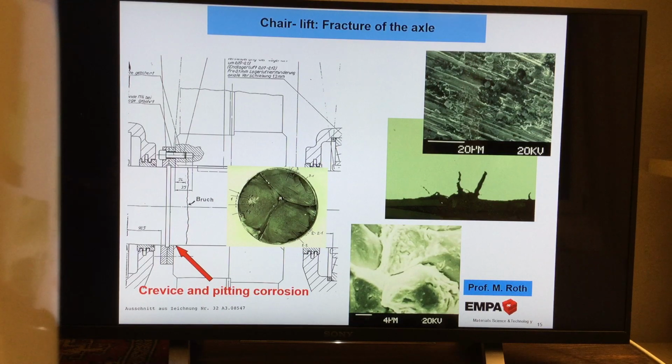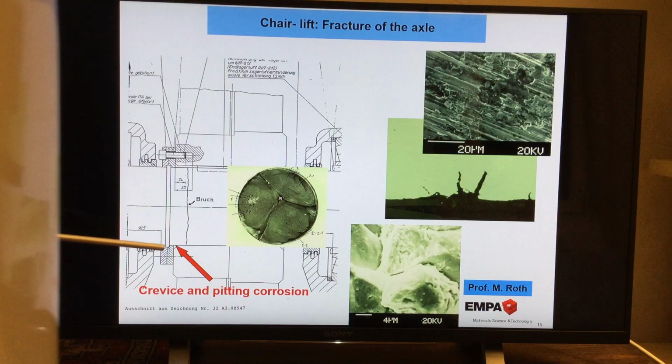axles were running very well, and then we just told the client, the manufacturer, just remove this here. It was a good idea to make it better, but they didn't make it better. From the mechanical point of view, they made it better, but from the corrosion point of view, they made it extremely worse that this fracture occurred.